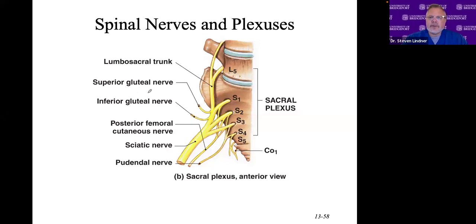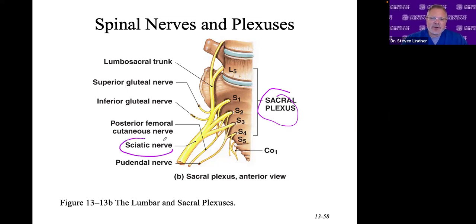I want to show you that. So here is the sacral plexus. And the infamous nerve right here is called the sciatic nerve. And it's really made up of two nerves. I'll show you the two nerves that it's made up of. One of them is called the common peroneal, and the other is called the tibial. Common peroneal and tibial, those make up the sciatic nerve.